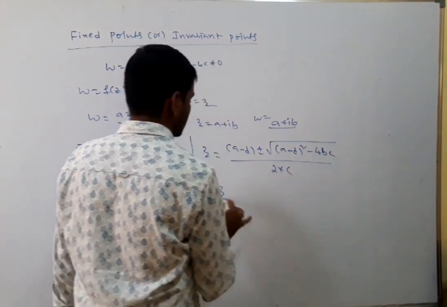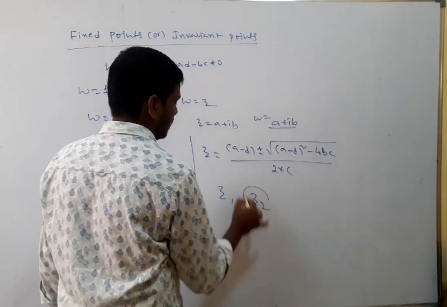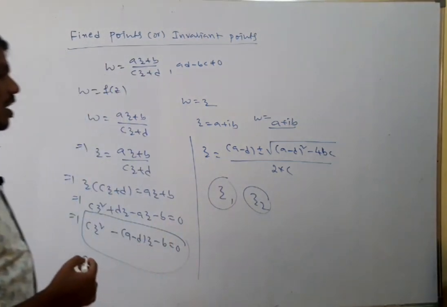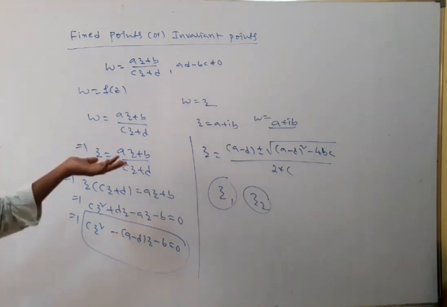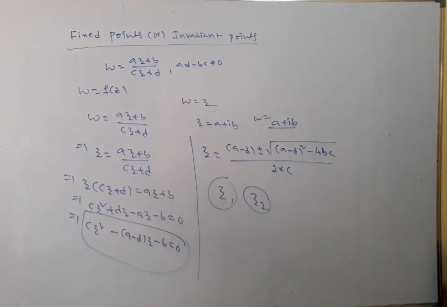From this you will get two z values, z1 and z2. These z1, z2 are called fixed points of the bilinear transformation w = f(z). The definition of the fixed points is: under the mapping w = f(z), the points in the z plane are mapped to themselves. Such points are called fixed points.